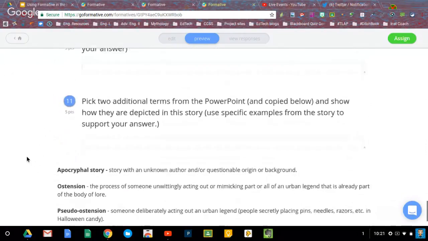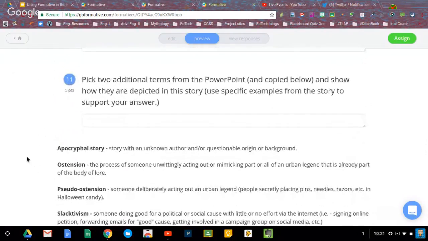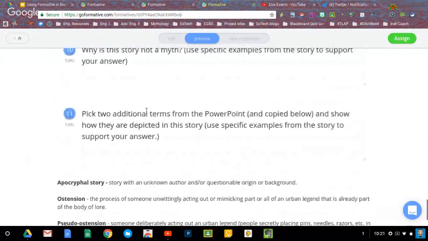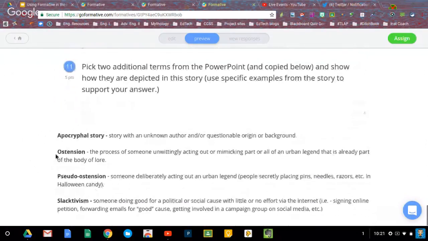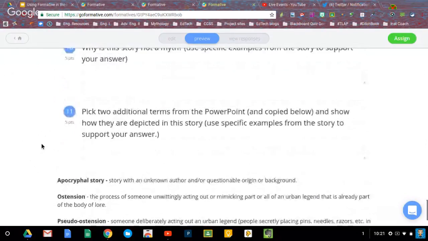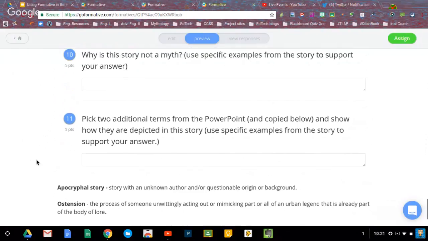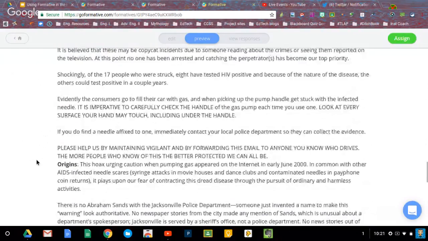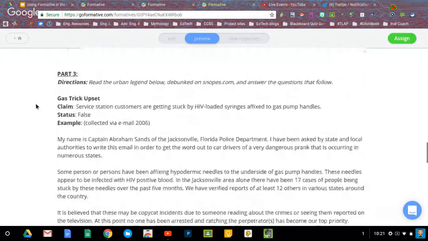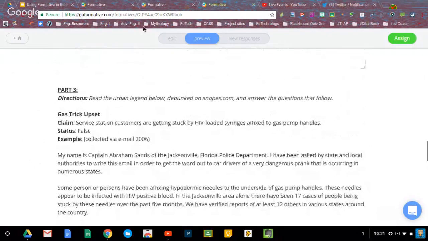That's the big objective in this particular lesson. Then I want them to pick two terms that I have copied here to show how they're depicted in this particular example of a modern-day urban legend, because they can really learn a lot by doing that, I think.